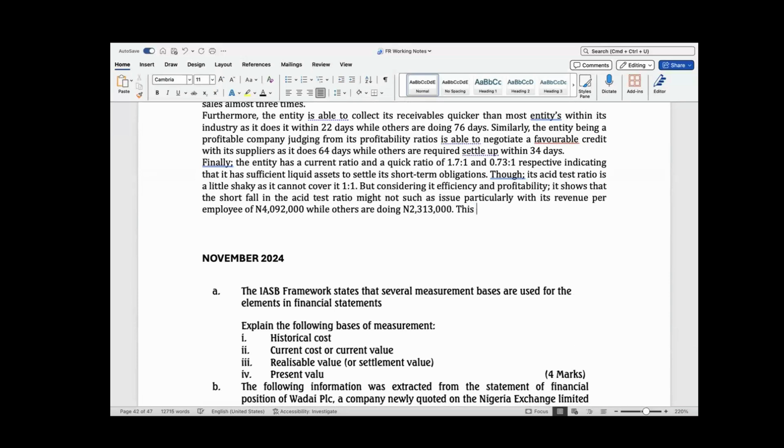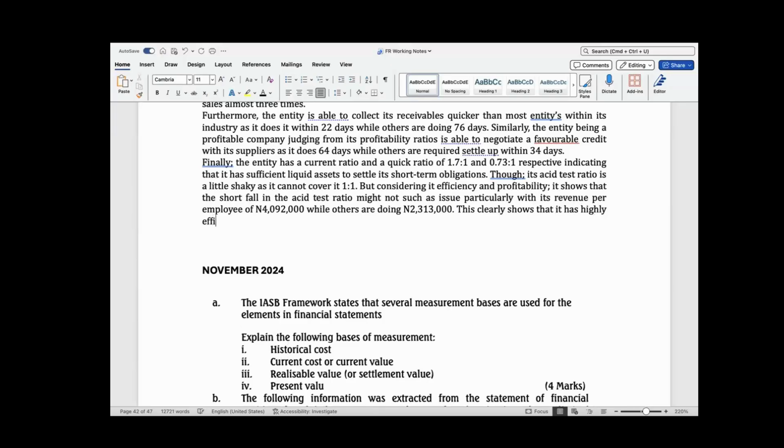So this clearly shows that it has a highly efficient workforce.